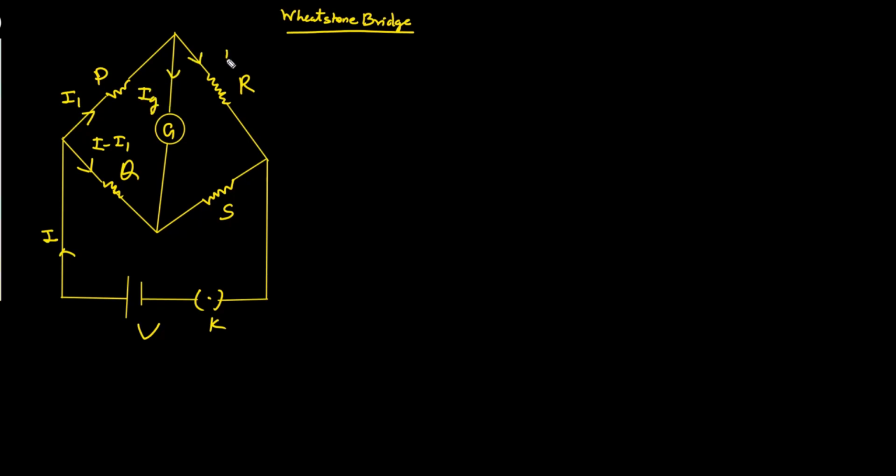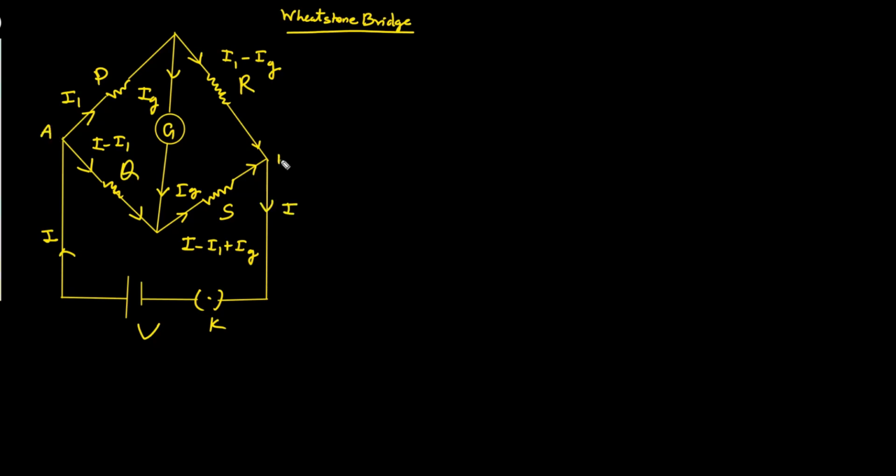So current in R will be I1 minus Ig. Now from Q the current is I minus I1, from G the current is Ig. So over here the current will be I minus I1 plus Ig. Now if we add these two, total current here will be I only.